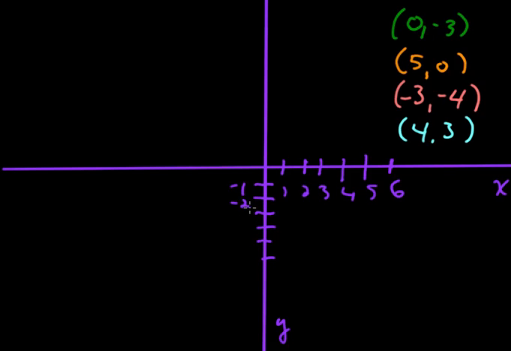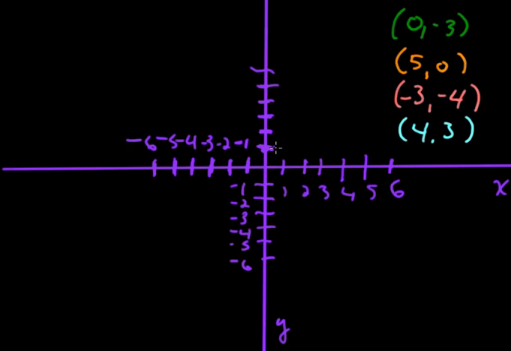Negative 1, negative 2, negative 3, negative 4, negative 5, negative 6. 1, 2, 3, 4, 5, 6 in the negative x direction, so negative 1, negative 2, -3, -4, -5, -6, and let's go up in the y. 1, 2, 3, 4, 5, 6, in the positive y.